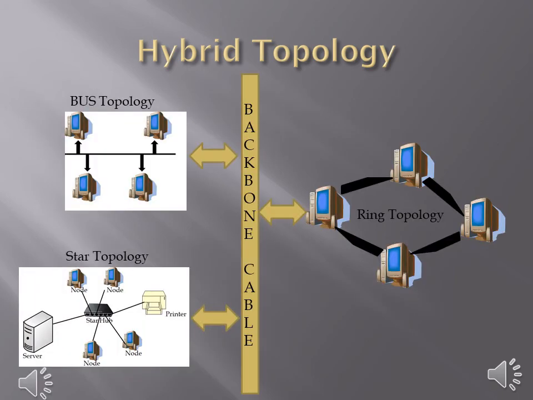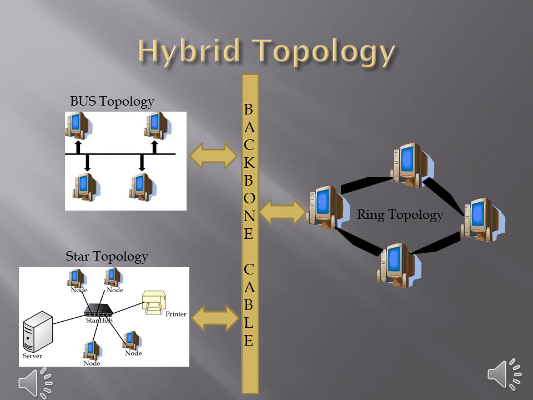Let's look at the hybrid topology figure. Here you can see that many topologies are combined together to form a hybrid topology. All are connected to the same backbone cable with a networking device. There are some other common examples of hybrid networks, such as star ring topology and star bus networks.